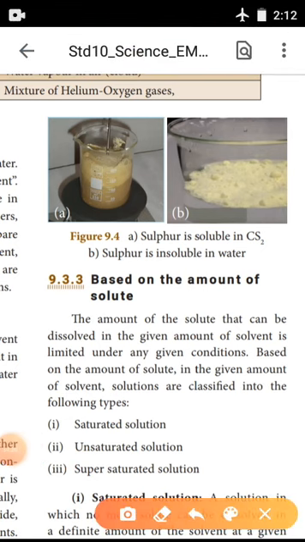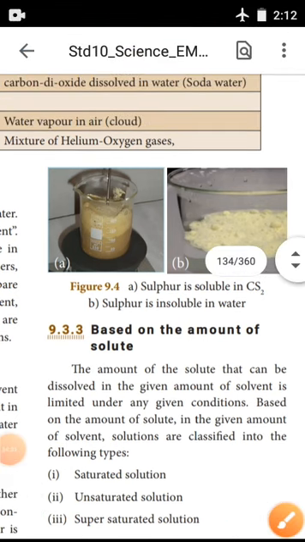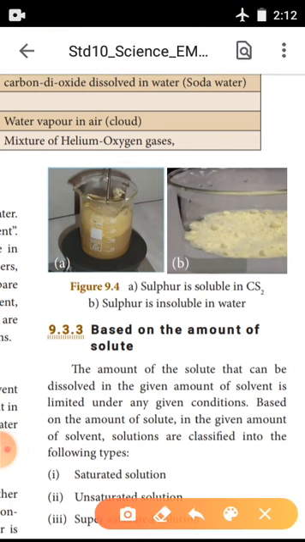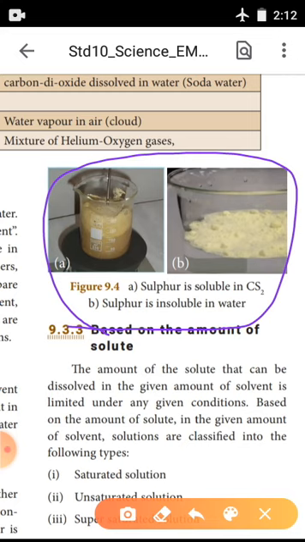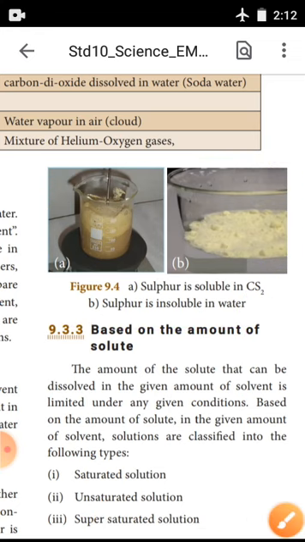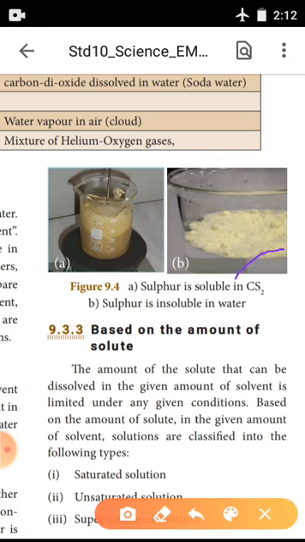And see this picture. This is a non-aqueous solution because here we are not using water. Other than water, if any substance acts as solvent, that is non-aqueous solution. In the first picture A, sulfur is soluble in CS2, that is carbon disulfide.